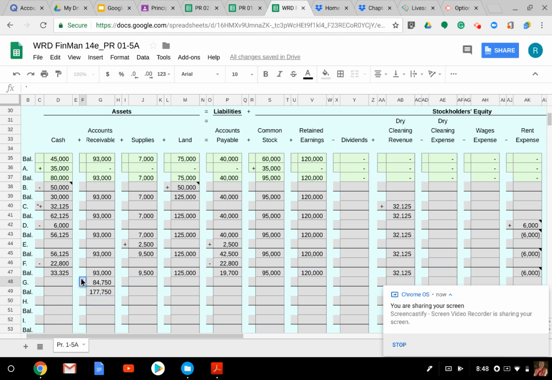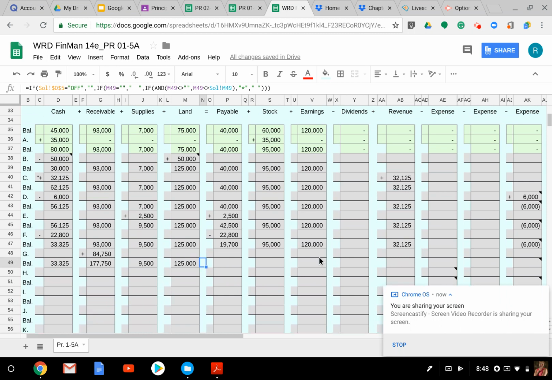And don't forget to indicate that your account increased. Okay. Nothing happened to cash, so we're just going to bring it down. Same thing here. Nothing happened here. Remember, we earn revenue, so the only two accounts affected are accounts receivable, and let's go over the revenue so you can see where the other account is affected. So we also increased our revenue by $84,750.